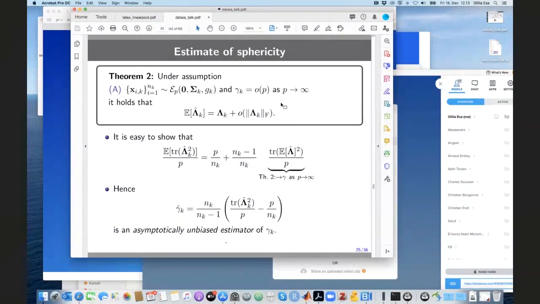So then we also use a slight correction term here, and this correction term comes from the fact that you are using the spatial median.